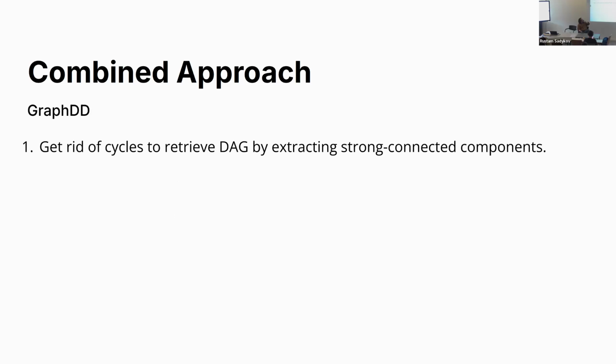That's it. The first algorithm that we have implemented is called GraphDD. The first step to implement it: we have an observation that if one class depends on another and that one depends on the first one, we cannot delete them separately. We need to delete them only simultaneously or retain them only simultaneously.